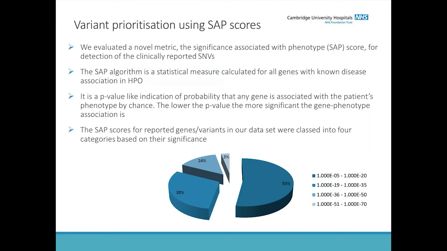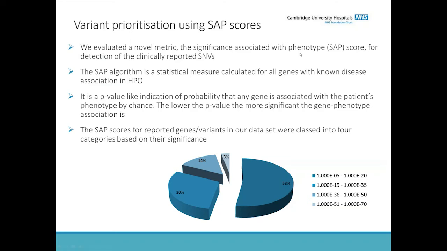I will discuss this within the conclusions, but clearly there is no right way to filter the data. The panel filtering using the ID panel or the G2P panel has its advantages, but so does the HPO filtering.